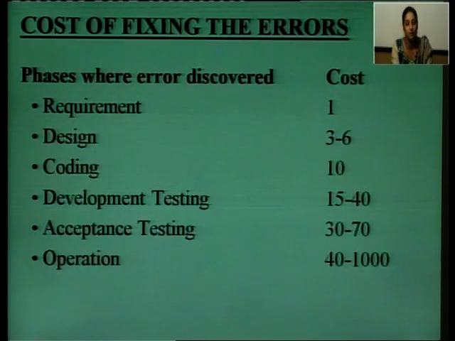At acceptance testing, it costs me 30 to 70 rupees. And at the operation stage, it may lead to 1000 rupees. So the error which costs 1 rupee at the requirement stage goes up to 1000 rupees at the operation stage. So it is very necessary to find the error at the early stages rather than the later stages.